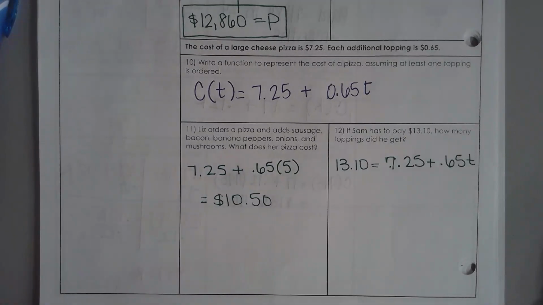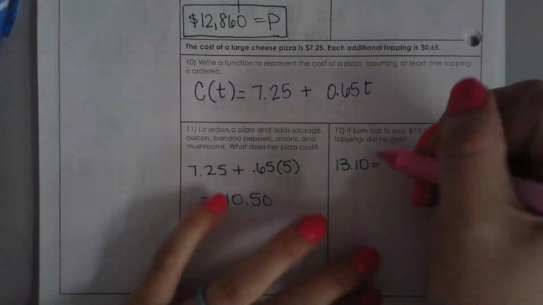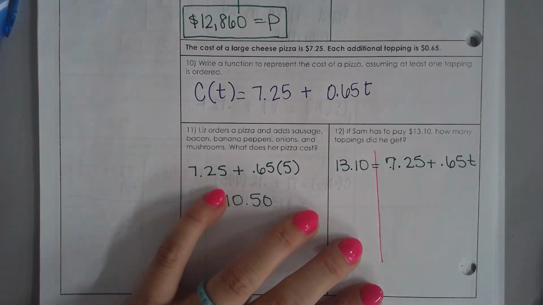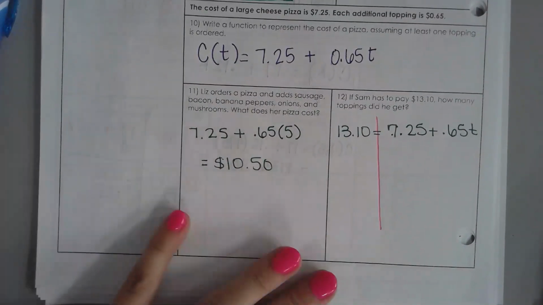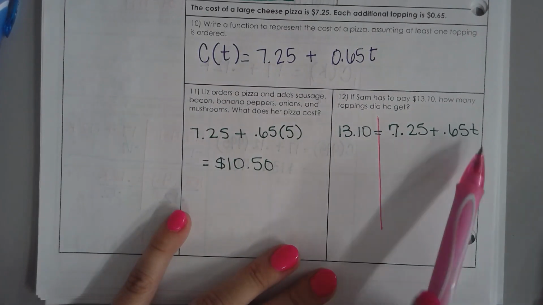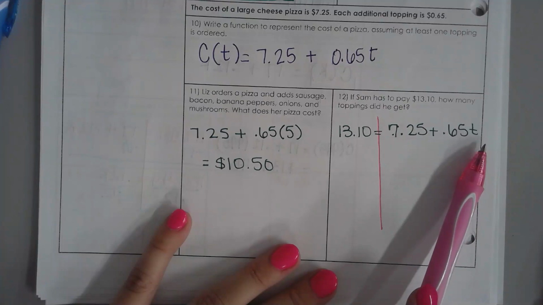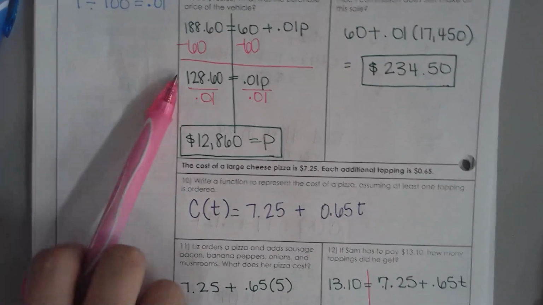All right, so this one, Michael McKinney, what was my first step in solving this? So my goal is to get T by itself. What was my first step in this problem?